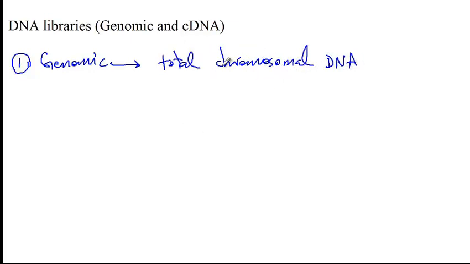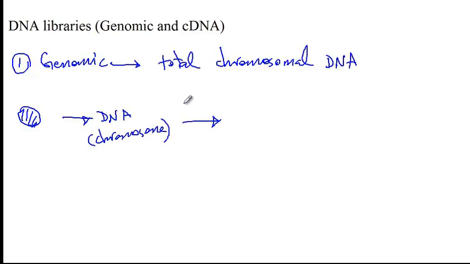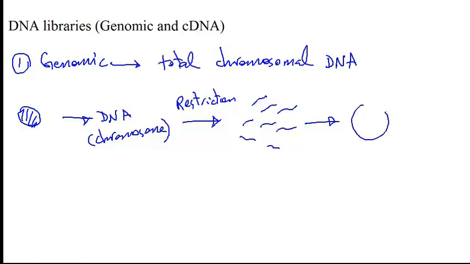It's too big. So what we do is, let's say we have a bacterium here, we will isolate the DNA or the chromosome, same thing, and digest it with different restriction enzymes into many small fragments of DNA, and now clone these small fragments into vectors.